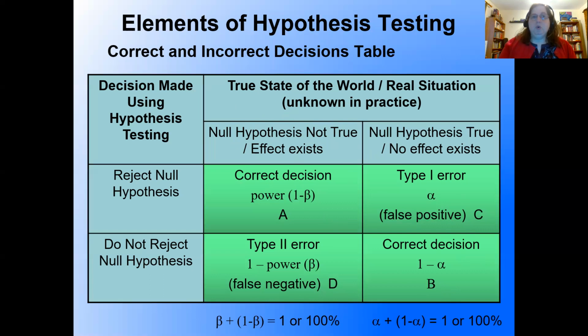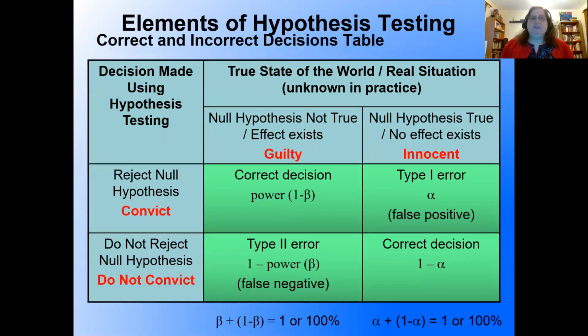Let's do this one more way. I'm not going to change much. I'm just going to add in these little red words here. Now, let's pretend for a moment that you are a jury. You are a member of a jury, and you have to reach a decision about this individual who's come to court as to whether you're going to convict them or not convict them.